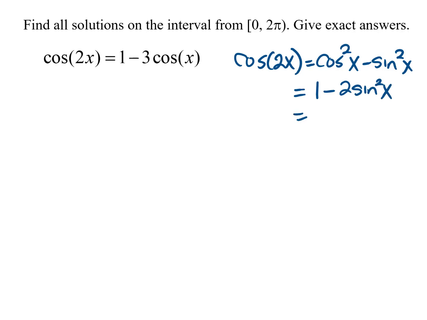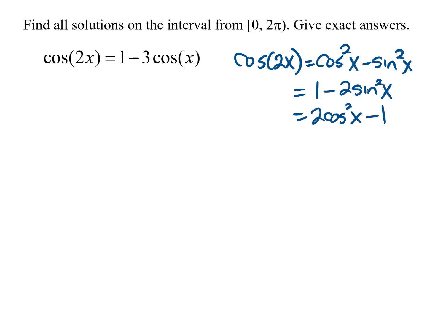And if I instead replace the sine squared x using the Pythagorean identity, I get 1 minus cosine squared x. And if we distribute that negative through, that's going to give us 2 on the cosine, and then it's going to be minus 1.